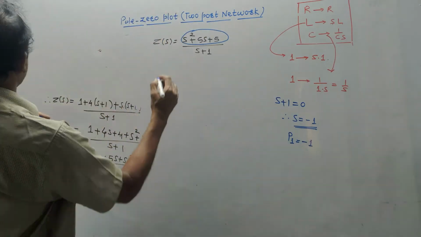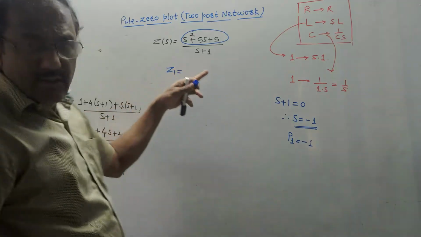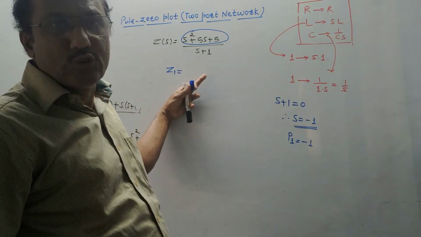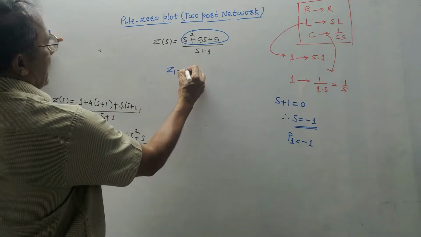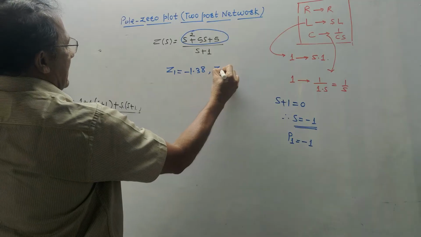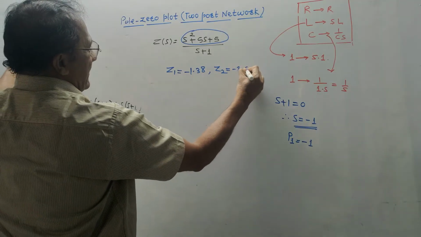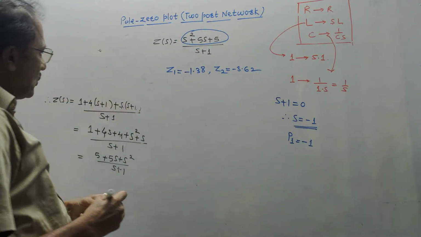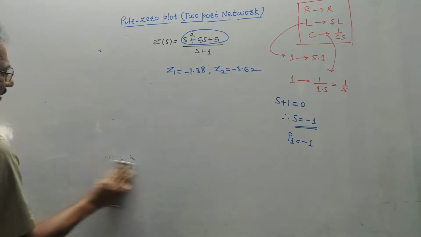If you do this calculation, first root on the calculator, these roots are denoted by zeros because these are the roots of numerator term. So first root will be minus 1.38. Second root, that is z2, is minus 3.62. These are the two roots which I got after doing the calculations on the calculator.